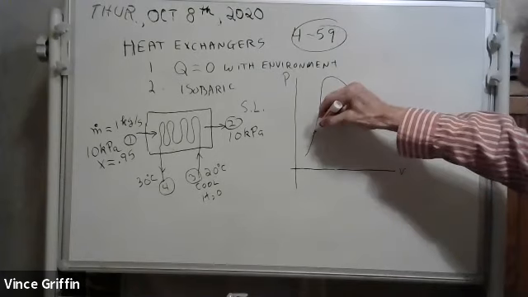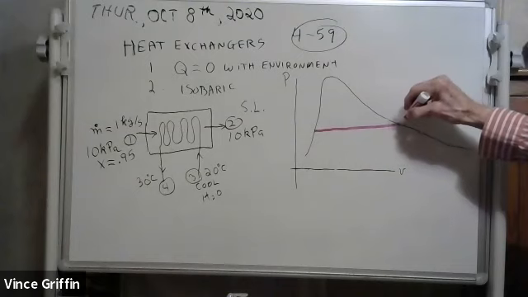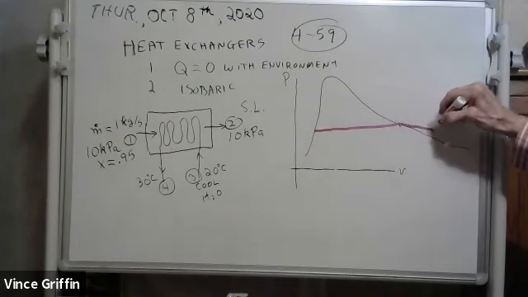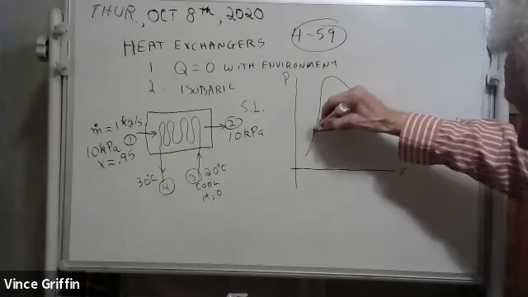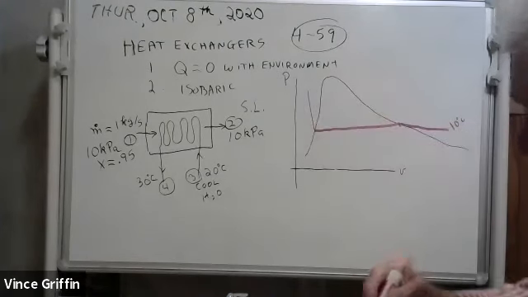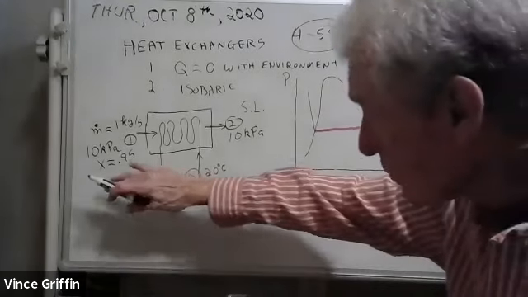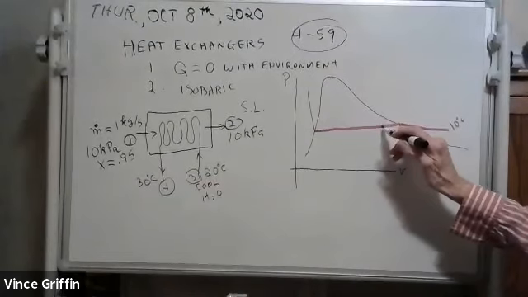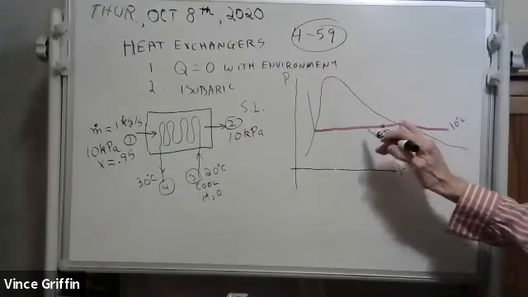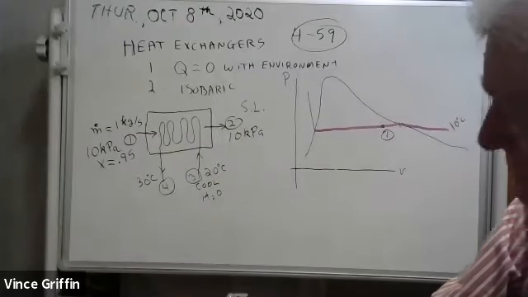So you're down here someplace. But they said it's got a quality of 95%. Well, that puts you down in here someplace. Here's state 1. You're over here almost to the right side of your diagram.